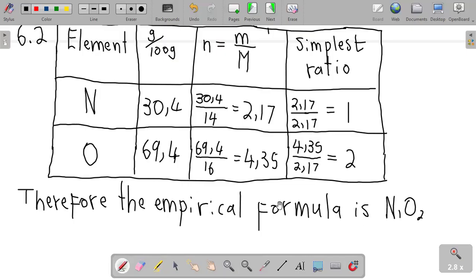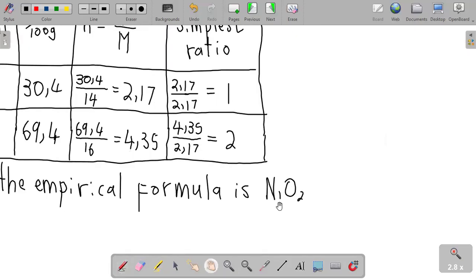If there's a 1, we don't write down the subscript. So the empirical formula is NO2. This is our empirical formula.